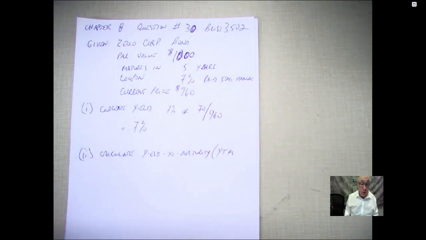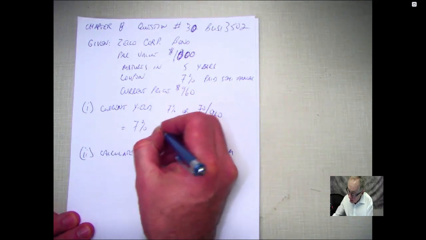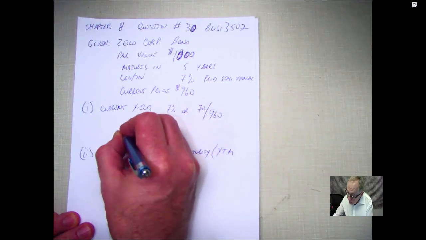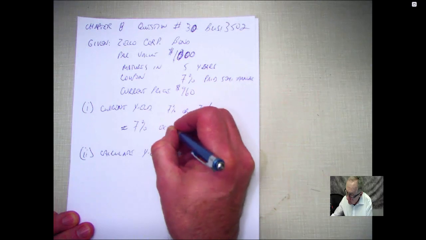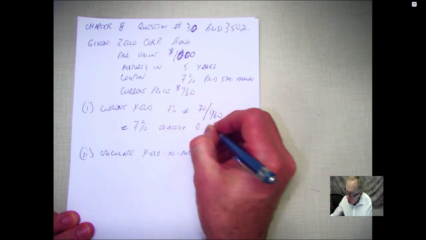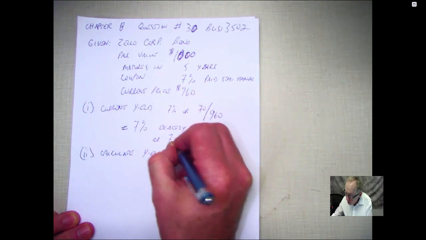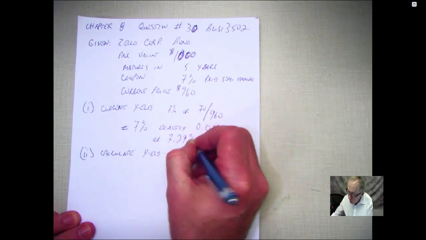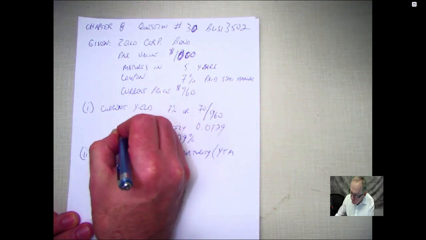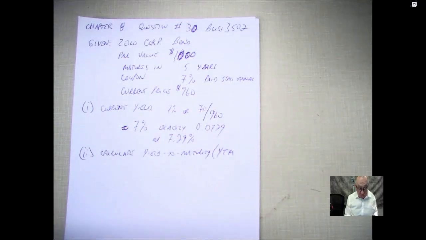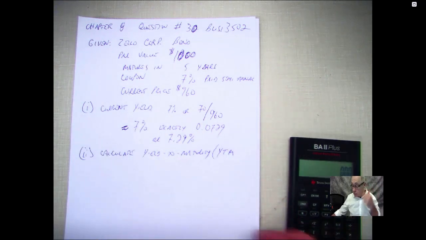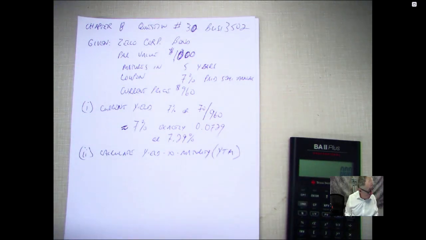For thoroughness, the current yield is approximately 7%, and exactly, to 4 decimal points, 0.0729 or 7.29%. The reason I should have had 4 decimal points set. Okay, but what we're doing now is another calculator function to calculate the bond's yield to maturity.